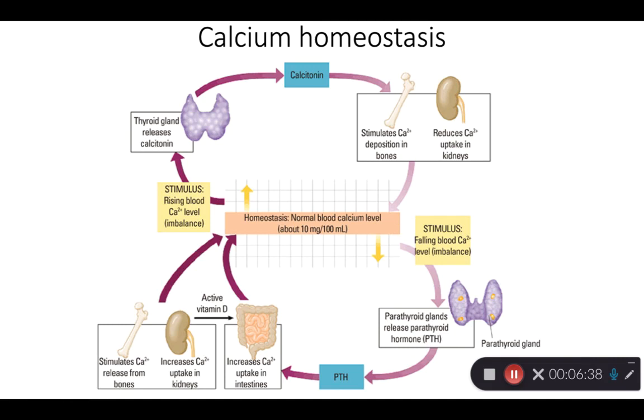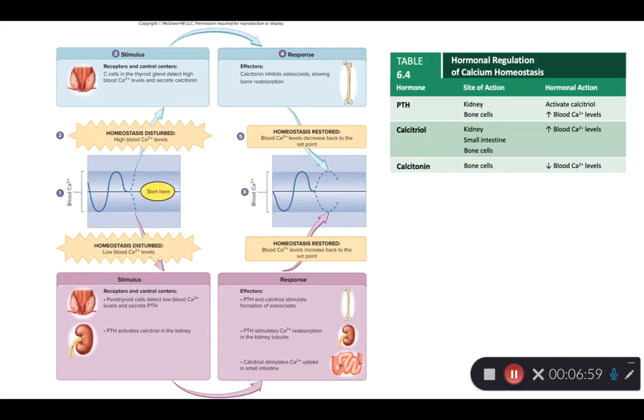So if you know them really well now, it's two less hormones you've got to relearn about in AMP2. All right. And whenever we have two hormones doing the opposite thing, we call that antagonistic hormones. One's going to raise, the other one's going to lower. Together, you maintain homeostasis.